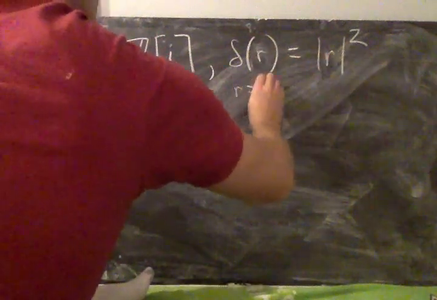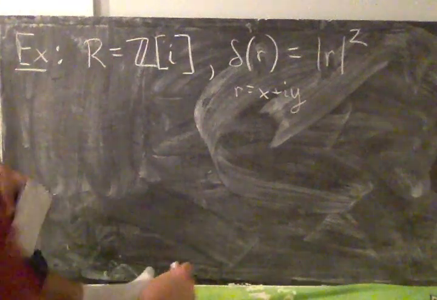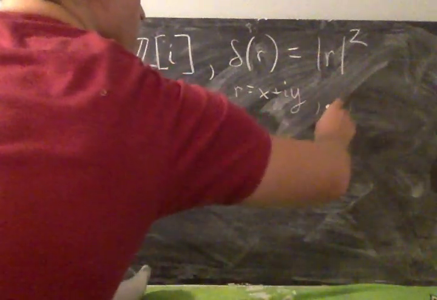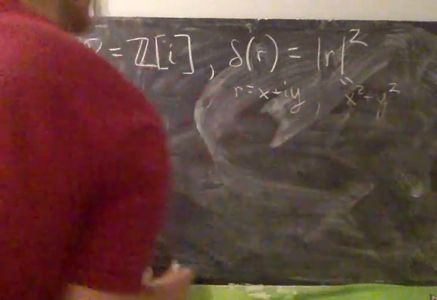And then write r as x plus i y, right? X coordinate, y coordinate. And then this thing is just x squared plus y squared.